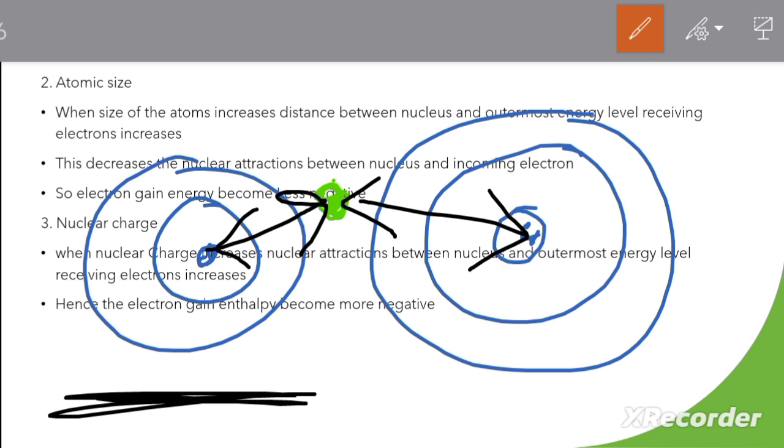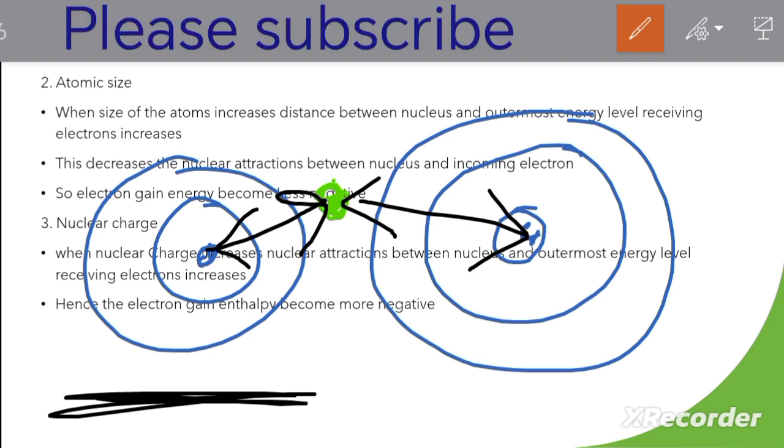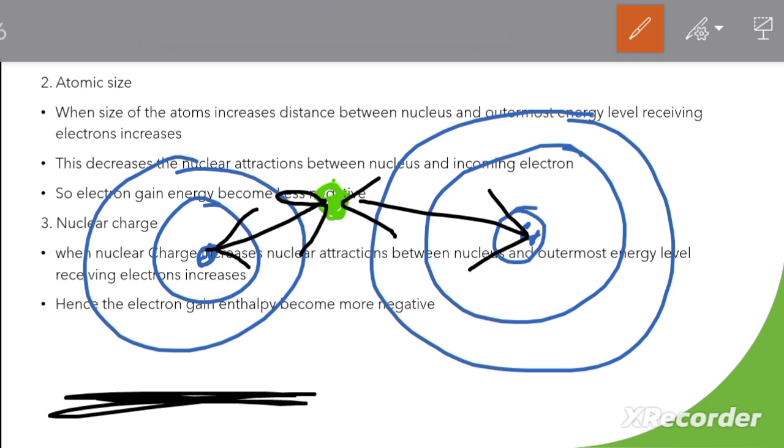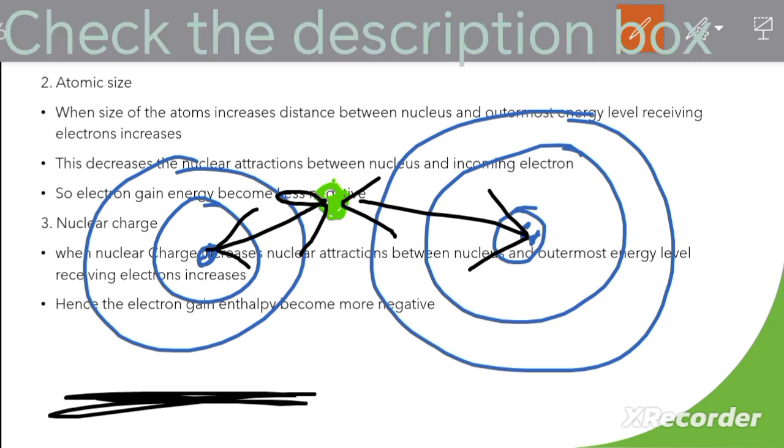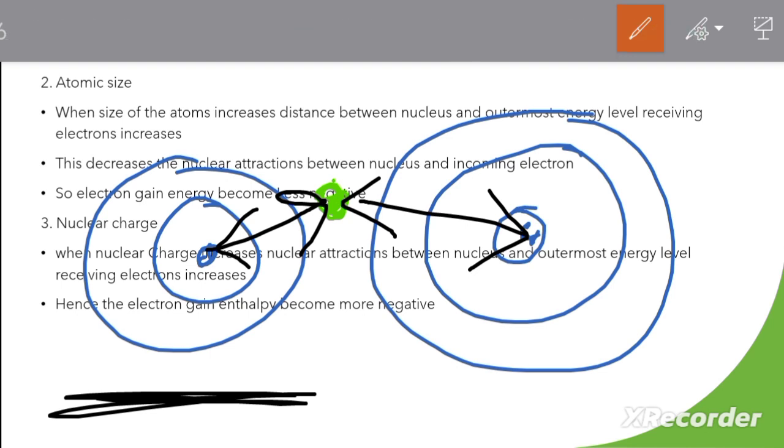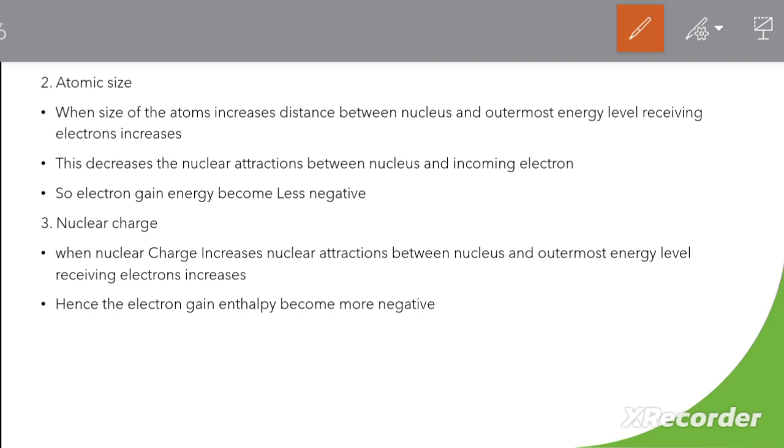So the negative value of electron gain energy increases. You should remember this: when an atom takes an electron willingly, attractions are prominent. If they do not like to get an electron, then repulsions are prominent. When the atomic size becomes less, they like to take an electron because nuclear attractions are higher.